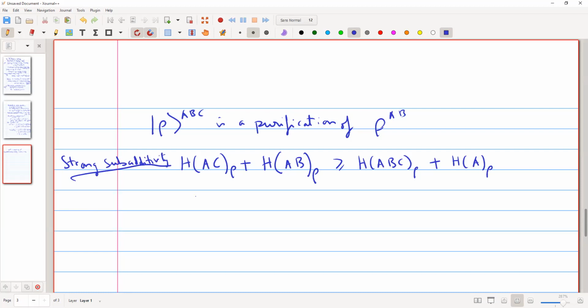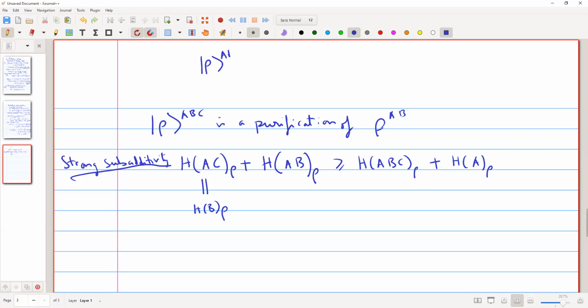But let us look at that. So remember, rho ABC is pure. So this thing is equal to H of B. And this is again something that we've seen before.